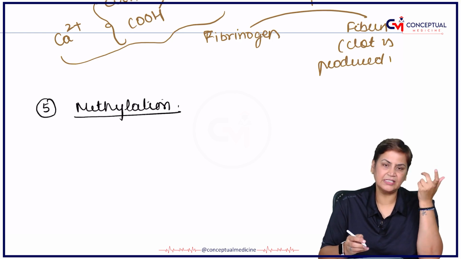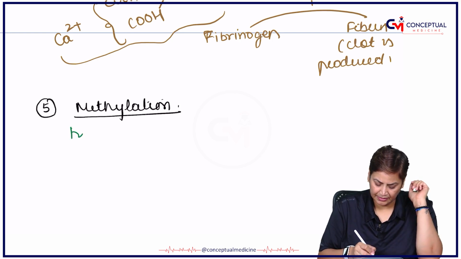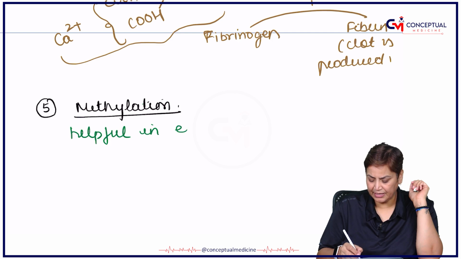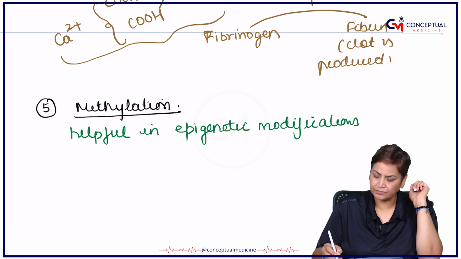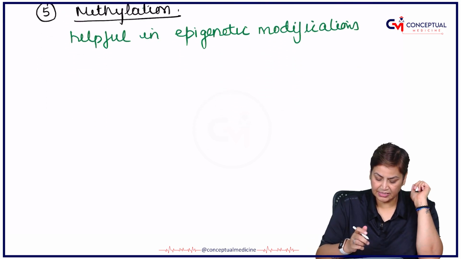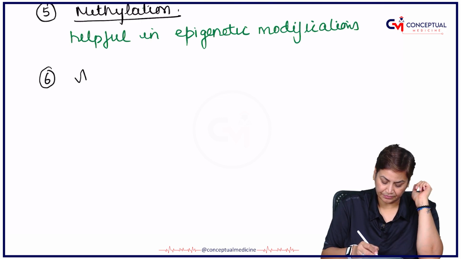The function is, we can simply say that methylation is very helpful in epigenetic modifications. Right. Then after this, the sixth one is acetylation.